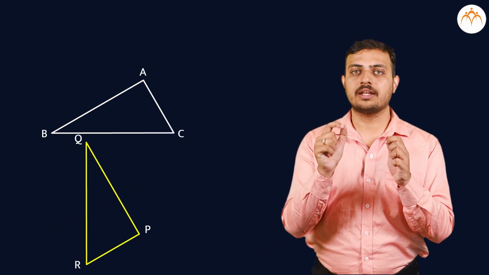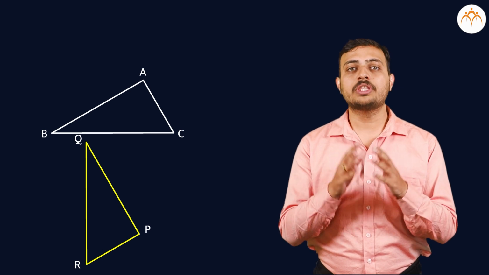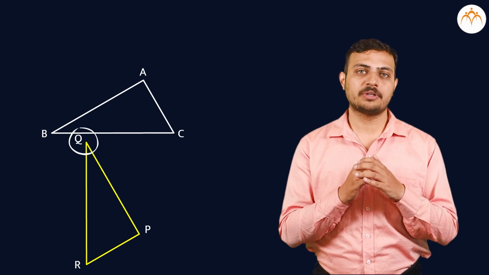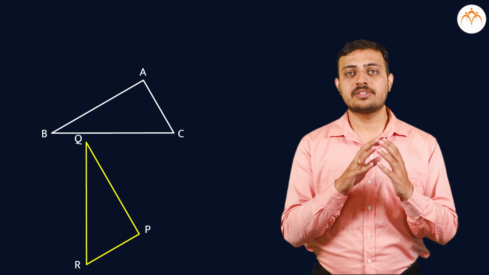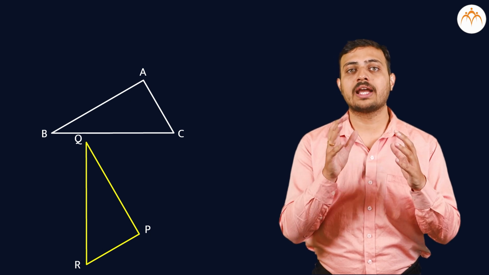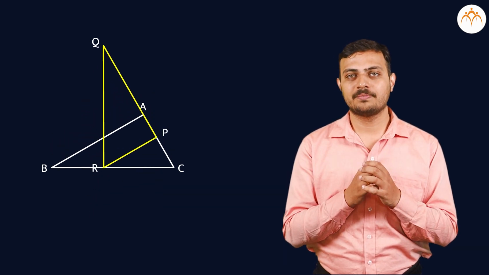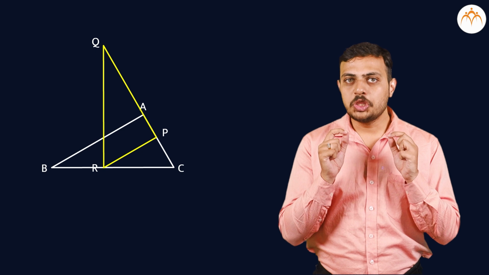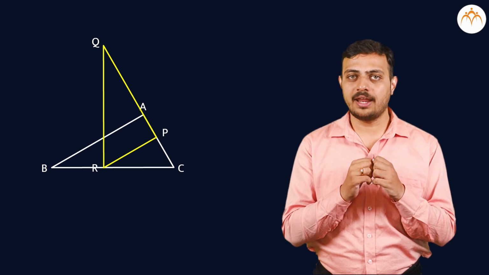Here, triangle PQR is rotated a bit and appears with vertex Q at the top. Let's now place triangle PQR on triangle ABC and see. Notice, they no longer match exactly, correct?